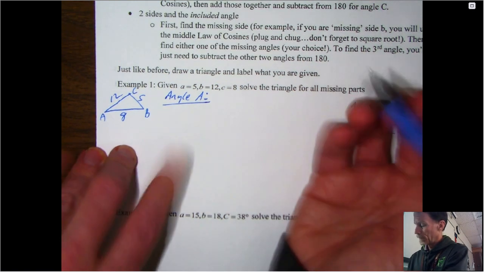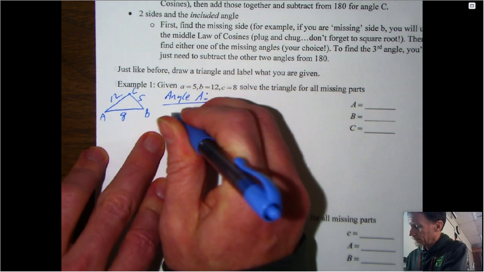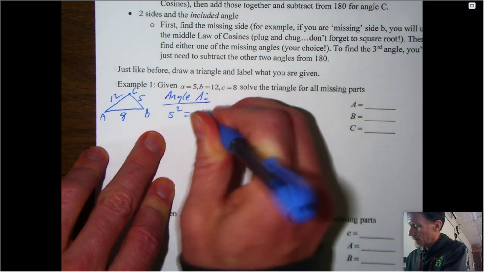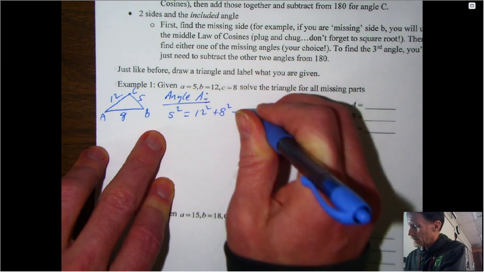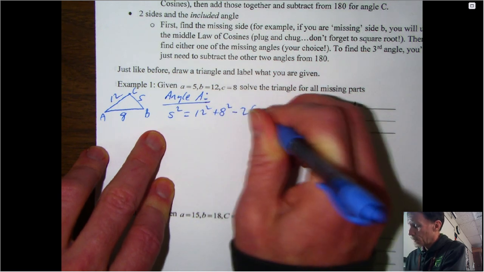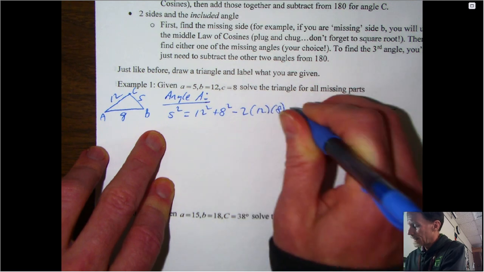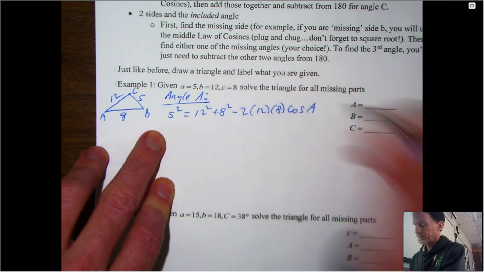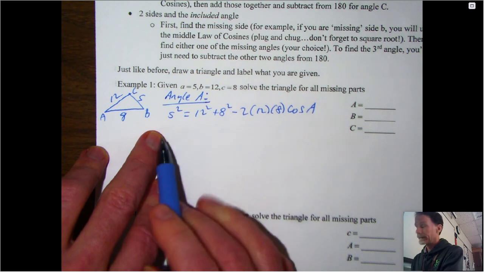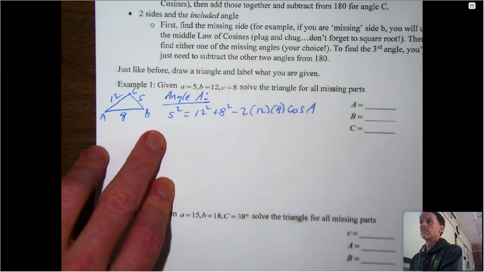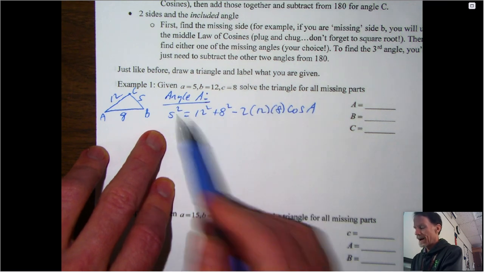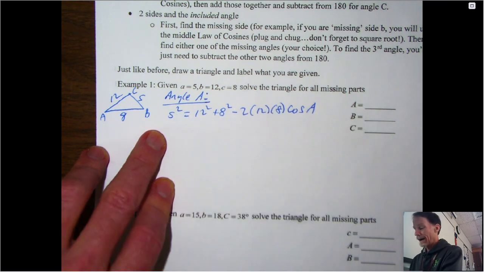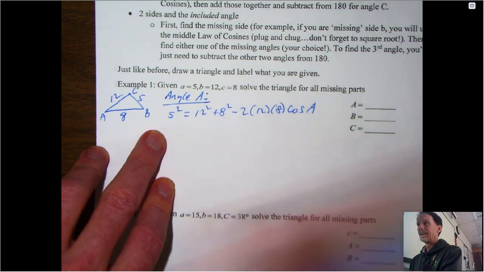So here we go. a squared equals 12 squared plus 8 squared minus 2 times 12 times 8 times cosine of A. I'm just plugging numbers in based on the formula. You're also going to notice I'm not going to figure out what these are, I know that's 25, 144, and so on. I'm not going to bother. I'm going to let the calculator do all the work for me at the end, all at one time.